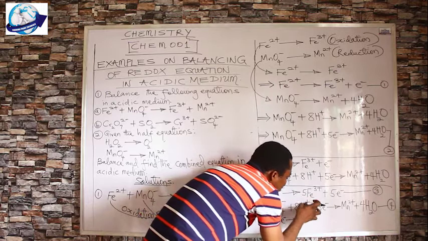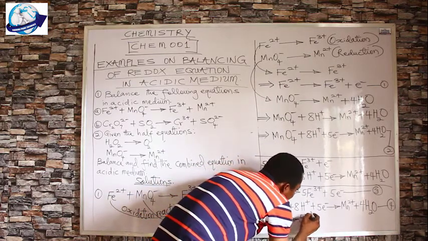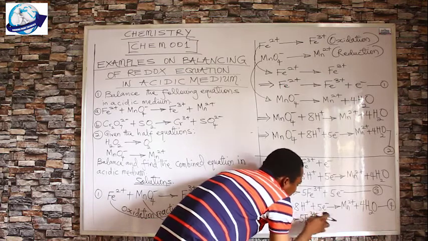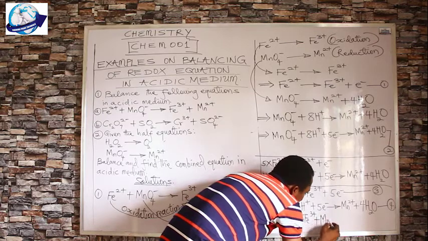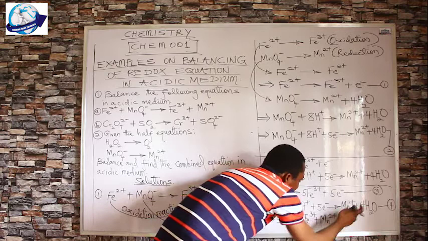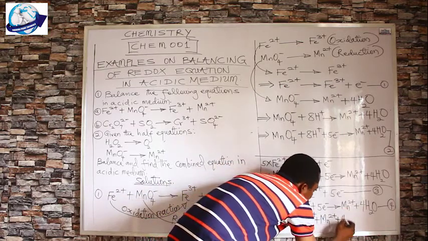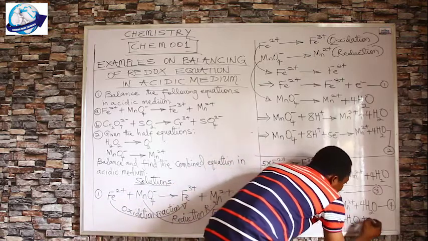Then the right hand side, 5Fe3+, then we have this one coming up, Mn2+, plus then plus what again? We have 4H2O, then we also have plus 5 electrons.